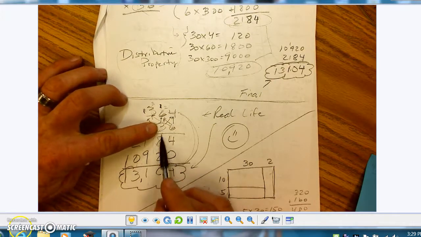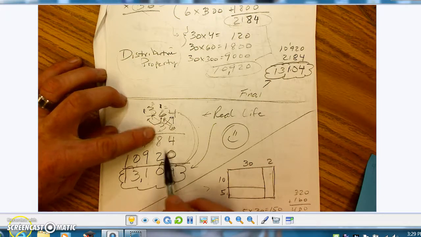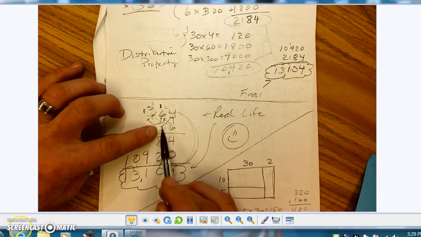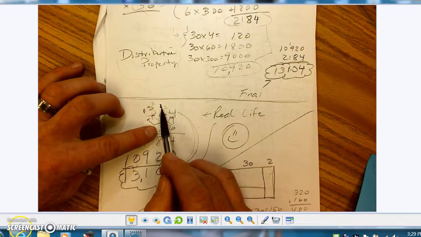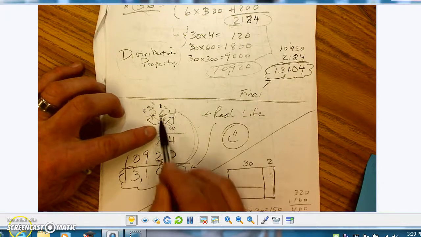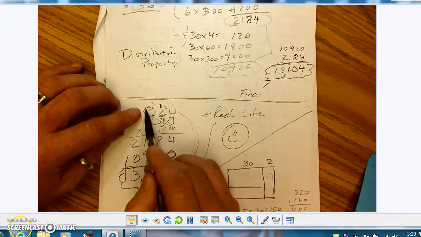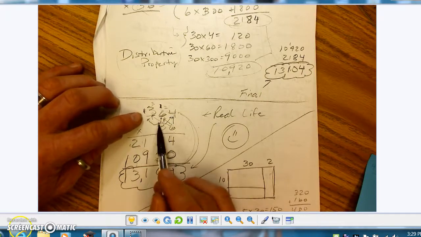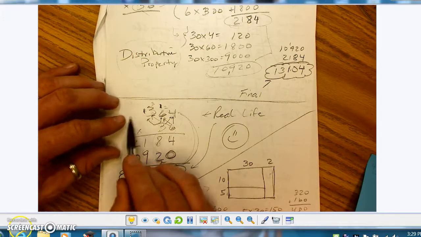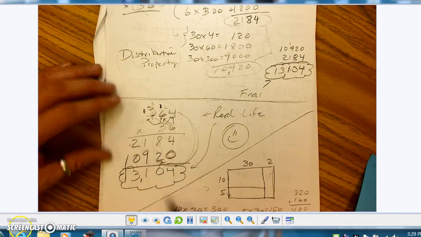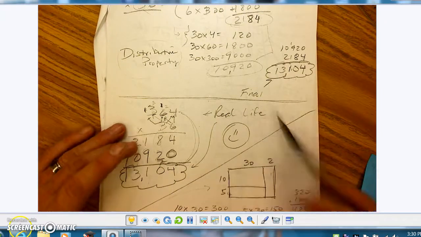Now to get there, this is a 30, so I'm going to go ahead and put a 0 right now to get me into that place value. So 3 times 4 is 12, carry the 1, and I put the 2, carry the 1. 3 times 6, 18, plus 1 is 19, carry the 1. And then 3 times 3 is 9, plus 1 is 10, and I didn't have anything else to carry, so I'm done. I add it up and I get the same number, 13,104.